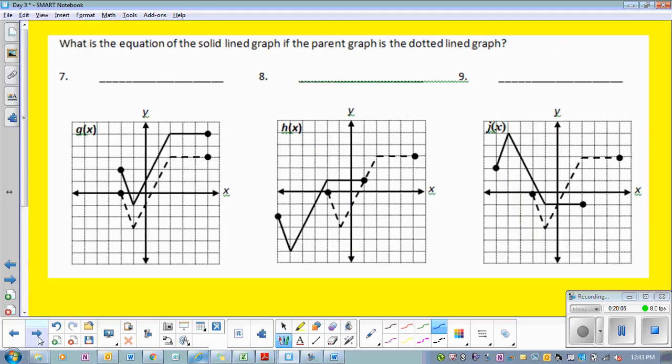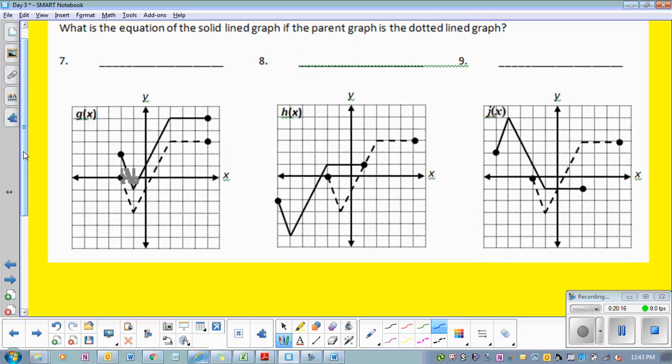All right, so this one. This is really interesting because now they want you to come up with the equation. Okay? It said, what is the equation of the solid line if the parent graph is the dotted? Okay, so we're going from the dotted to the solid. All right. So you know what I would do is just write down what happens. So from this dotted, this point corresponds with that, right?